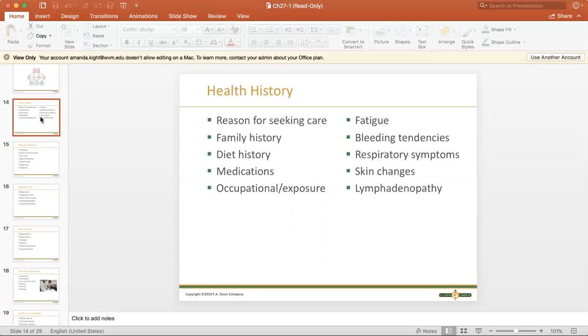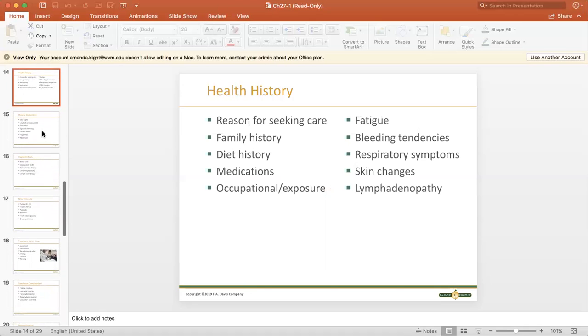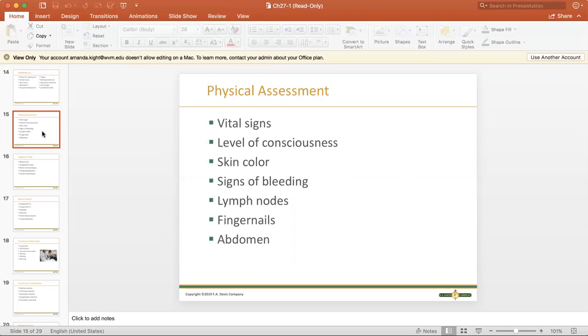Health history is always really, really important. We know genetics play a huge risk in many, many things. So we definitely want to always get a really good health history from the patient, as well as a family history if we can get any. Physical assessment, all of these things are going to matter.